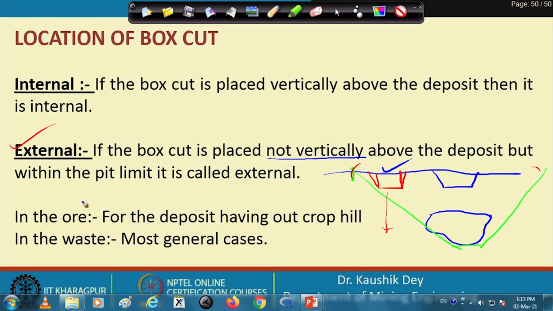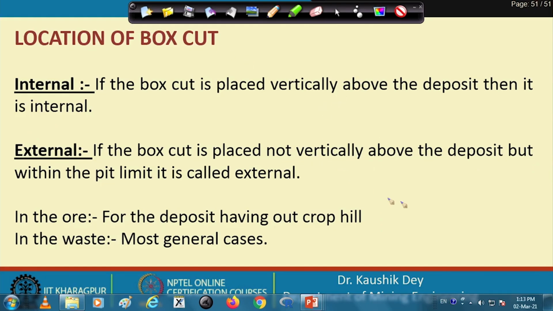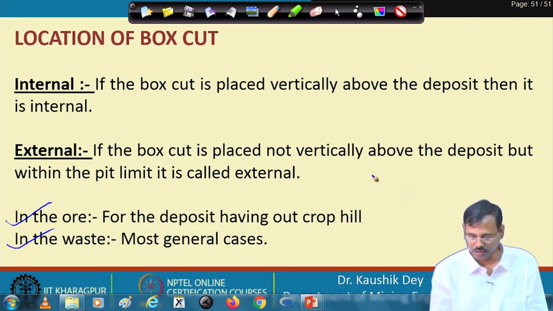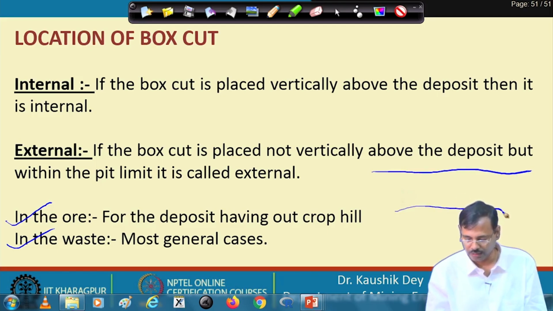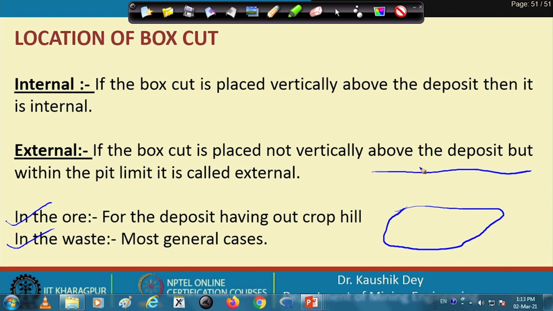These are the basic requirements, but there are some different ideas also available, that we can have our box cut in the ore itself or in the waste itself. Obviously, if our deposit is like this, we cannot have a box cut in the ore, because the box cut is the first excavation and we cannot reach here because it is at a depth.